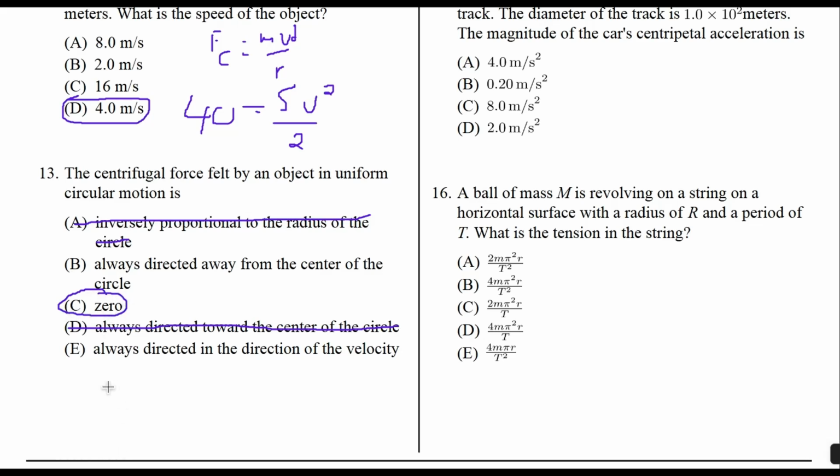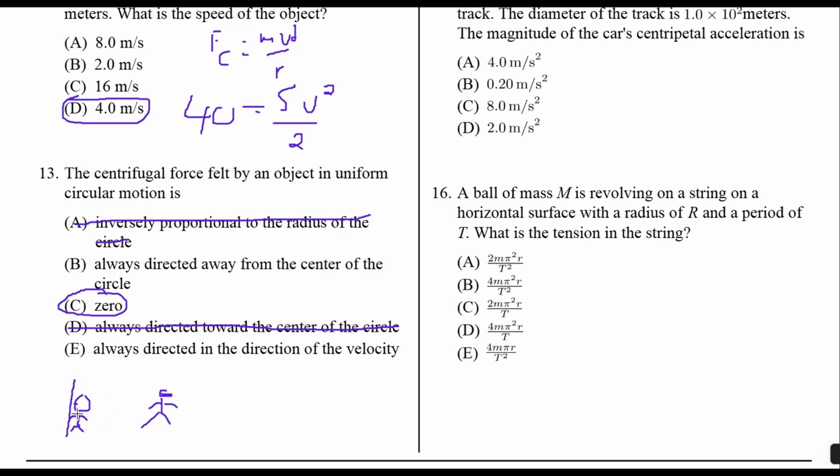The idea for this is when you see an object moving in a circle, so let's say we look at an object that is on the gravitron, right? So this is us standing on the gravitron, and we're watching a person being pushed up against the wall of the gravitron. From our point of view, if we're inside of the gravitron as the person's moving around a circle, that person looks like they are at rest. They're in equilibrium.